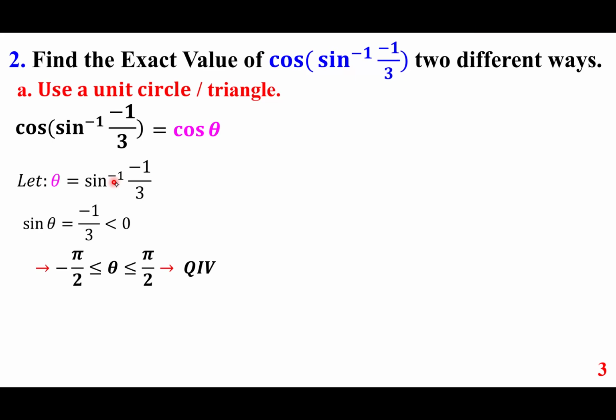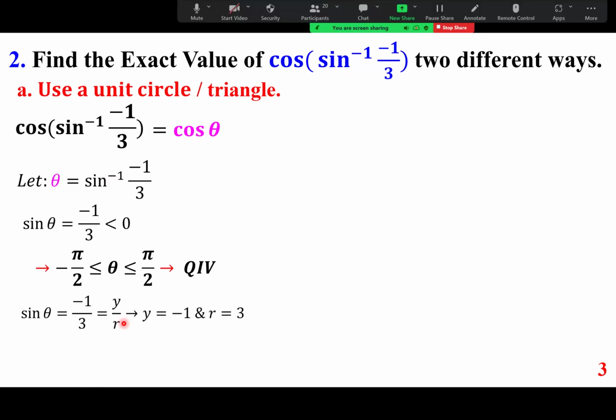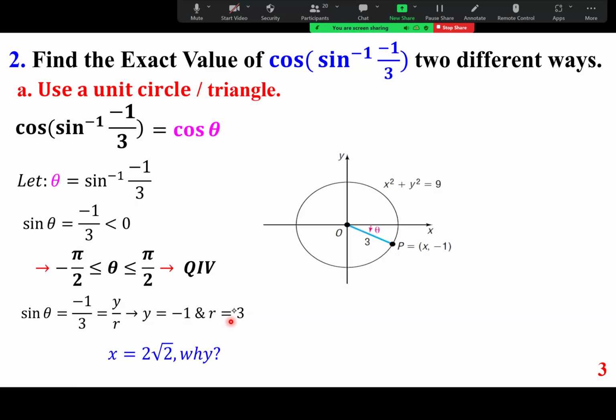In quadrant 4, x is positive, y is negative, and sine is y over r. So sine is y over r. Y becomes -1, r becomes 3. We need x, because x squared plus y squared equals 9.